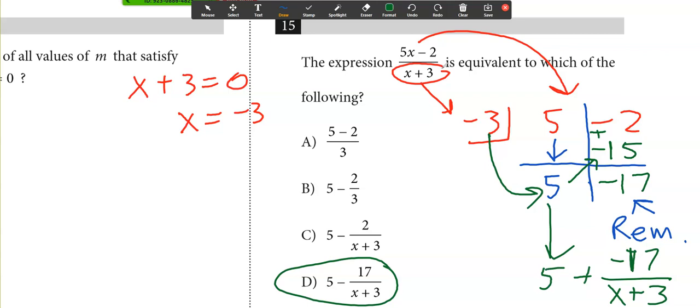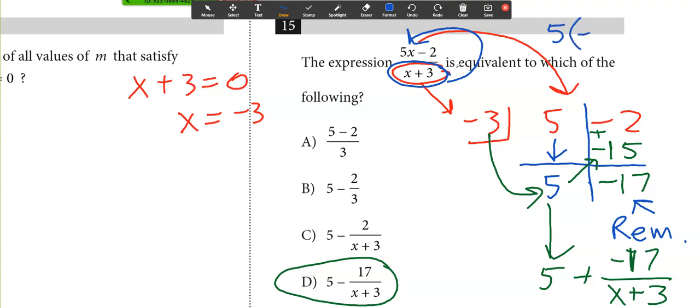Now, if you didn't like synthetic division, the other option I would give you is the remainder theorem. I want to bring up the remainder theorem because I've seen it come up a few different times. And if you remember the remainder theorem, it actually might speed up the process. Maybe on this one, maybe not. So the remainder theorem says, take the 0 from the bottom and plug it into the top.